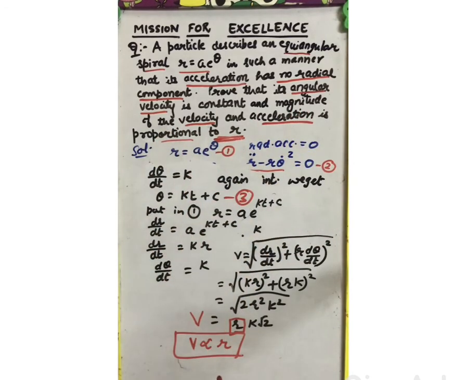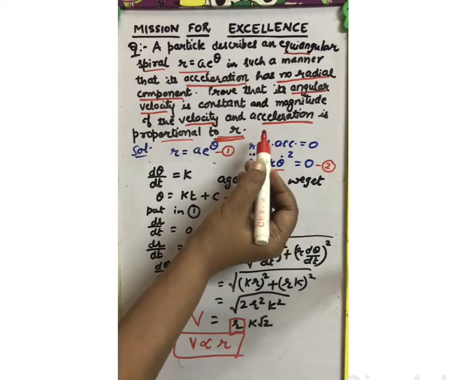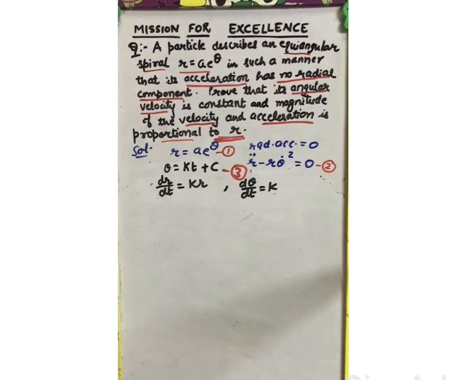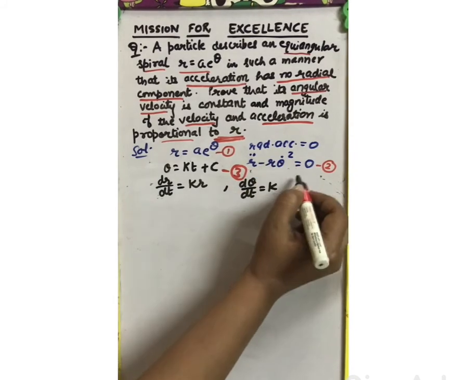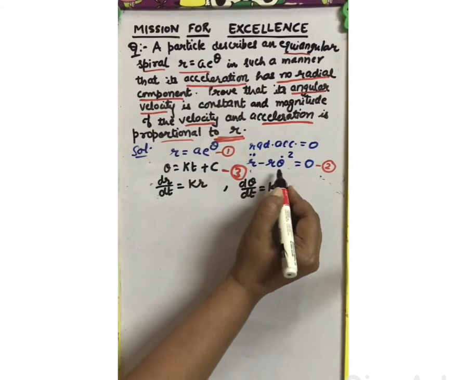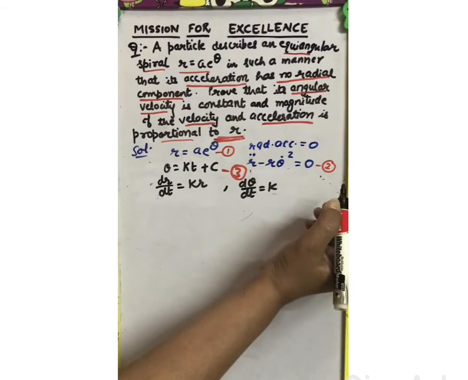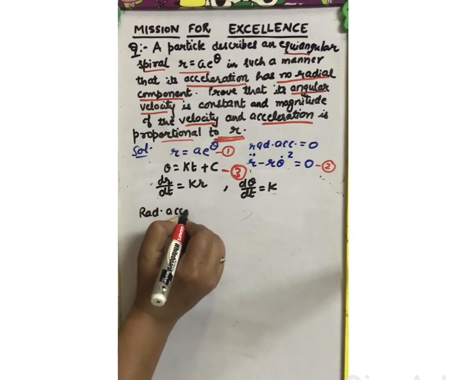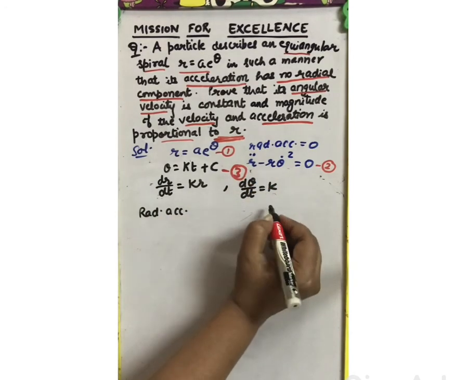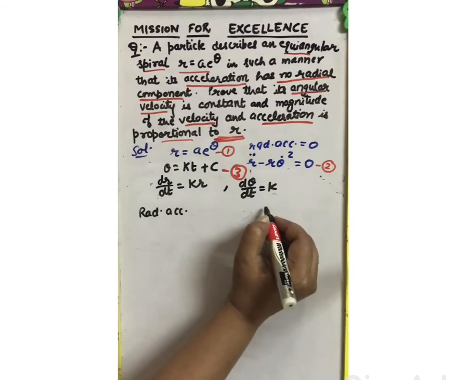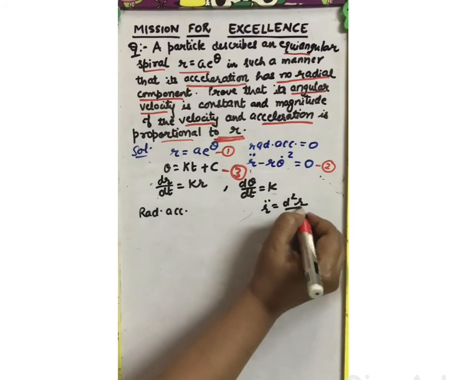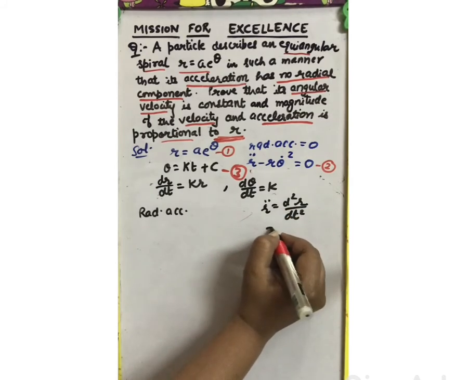So now we will again differentiate to find the acceleration. We will take the radial acceleration as well as transverse acceleration. Now we know the radial acceleration is r double dot minus r theta dot square. So we need here r double dot. dr by dt we know is kr. So r double dot is the second derivative of r with respect to t.